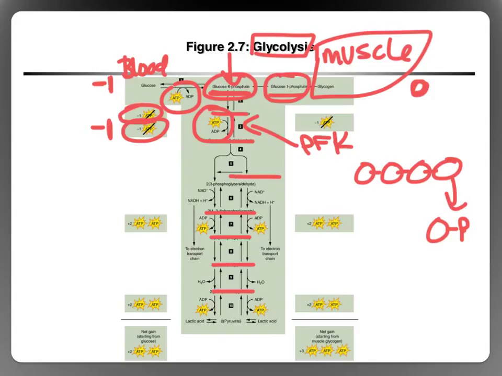Okay, so now at this point in time, we're minus 2 ATPs, and we're at the end of step 3. Okay, so if you started from muscle glycogen, we're at minus 1.